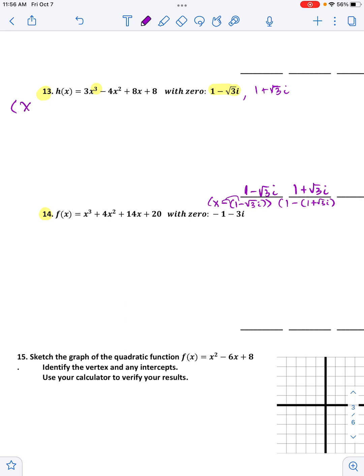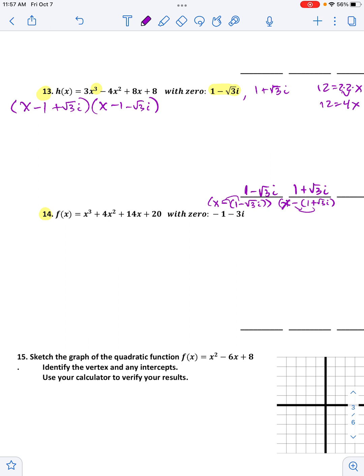So I'm going to have x minus 1, and then that's going to change to plus root 3i. And then in the second factor here, this is going to distribute, and I'm going to have, sorry, that should have been an x. That's going to be x minus 1, and then minus root 3i. So back to my little 12 equals 2 times what example, I now need to multiply those together just like I did the 2s to find out what's missing.